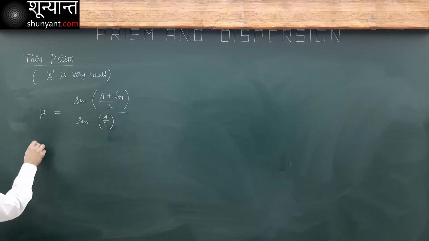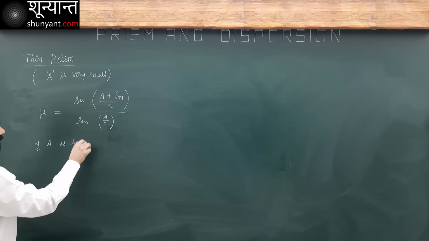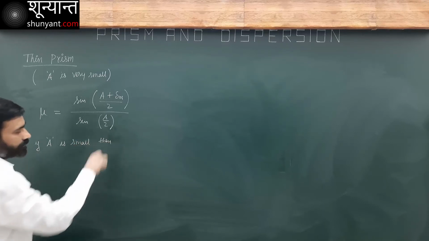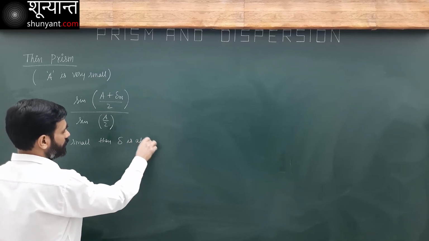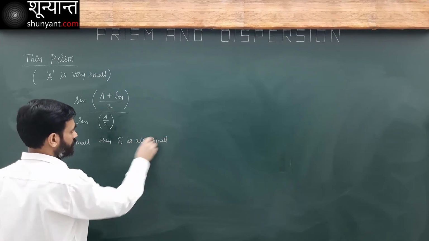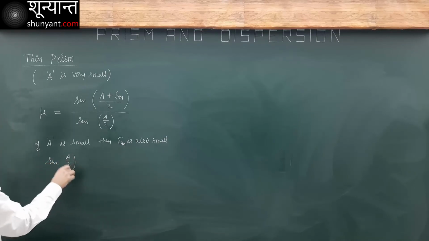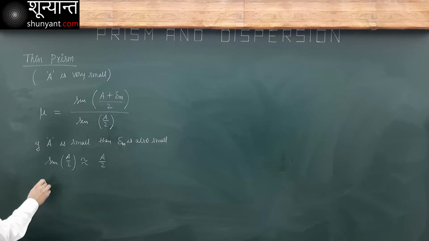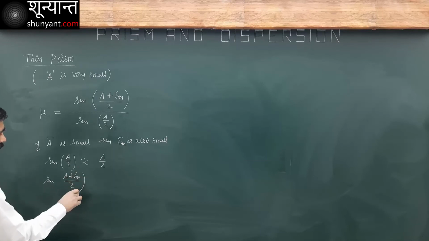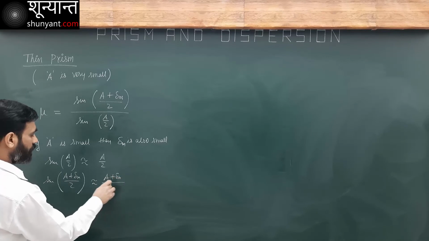If A is small, then delta is also small. So I can write sine A by 2 approximately as A by 2 here, and sine of (A plus delta m) over 2 also approximately as (A plus delta m) over 2.